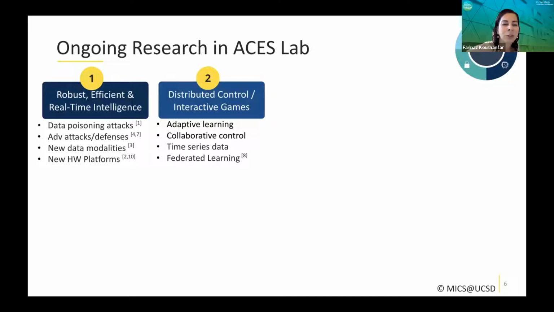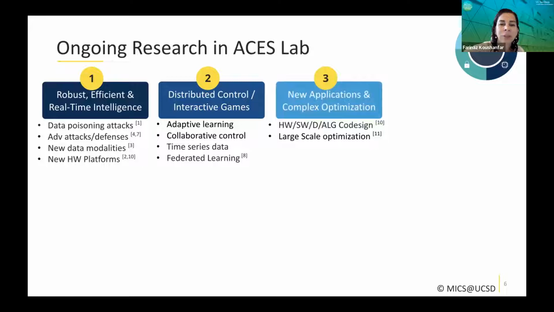There is also a big challenge in distributed control and interactive games. We are talking about collaborative learning, collaborative control, adaptive learning, where you're not really looking at the data in a blank state, but you're looking into the data and actively learning the parts that are relevant to you, so you're not using all the resources.